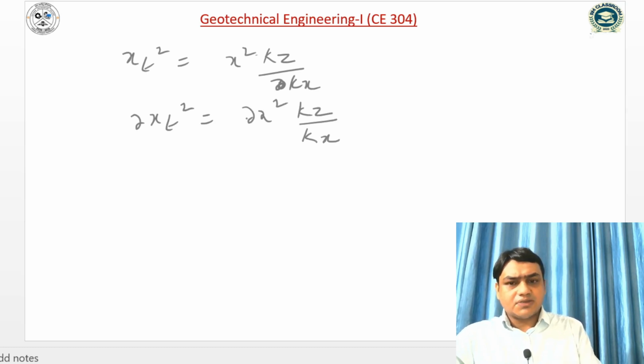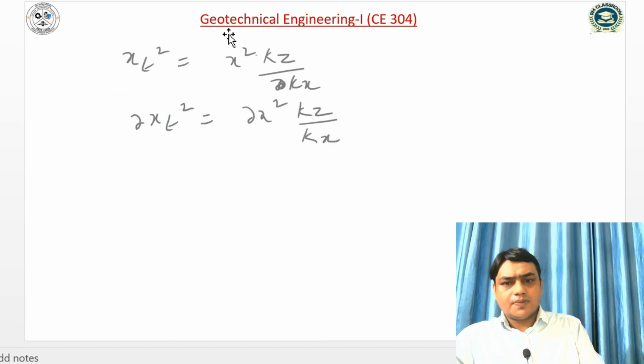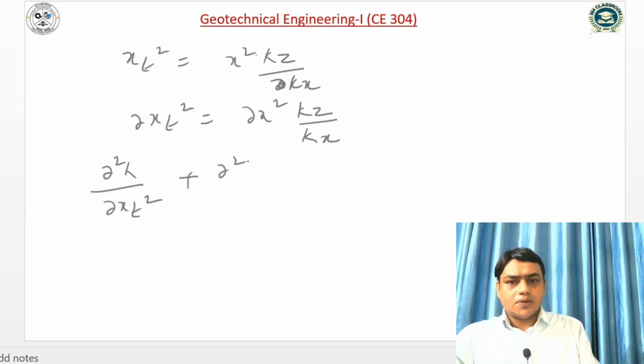If I put the value of del x square kz by kx in equation number one, it will be del 2h by del xt square plus del 2h by del z square is 0.